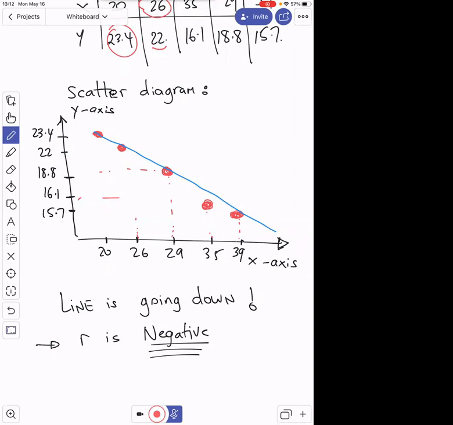Any questions, guys? I think this is the most important thing you need to know about this section: how to plot the scatter diagram and how to estimate the correlation coefficient given the scatter diagram you have.